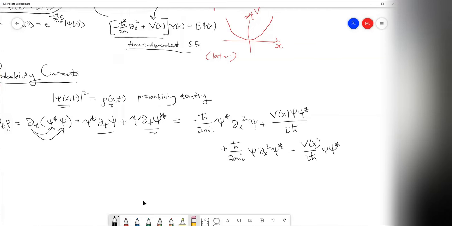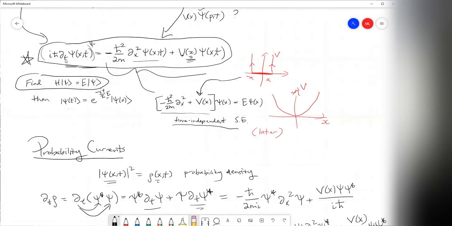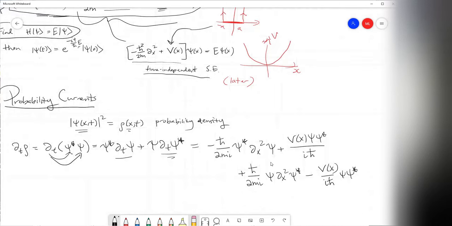The minus signs here just come from the fact that when you take the complex conjugate of both sides, this part with the i partial t picks up a minus sign. So it's nice because then that means these potential terms cancel.